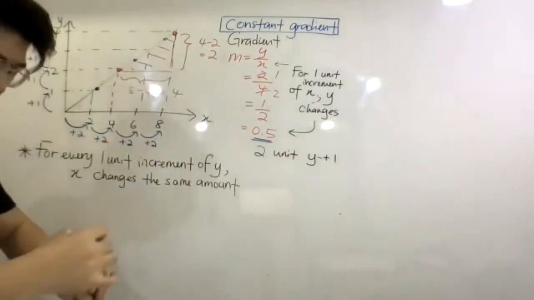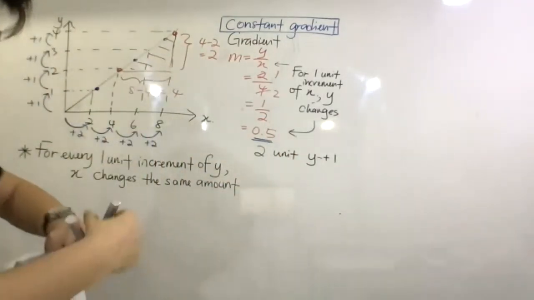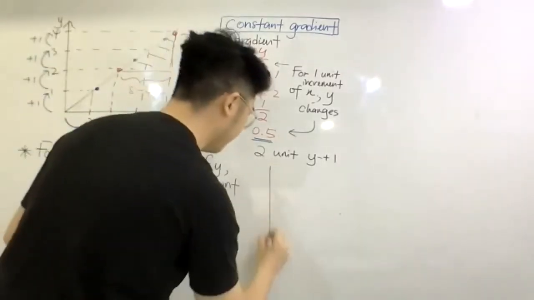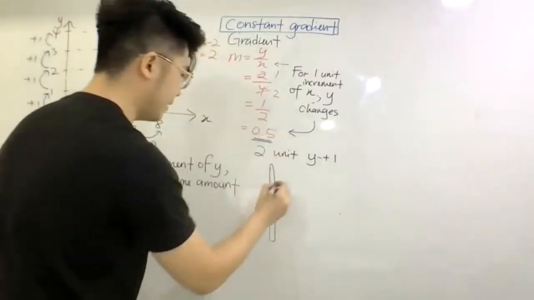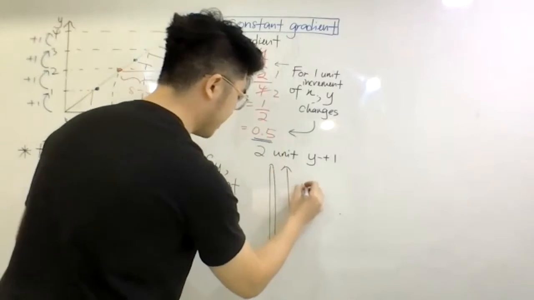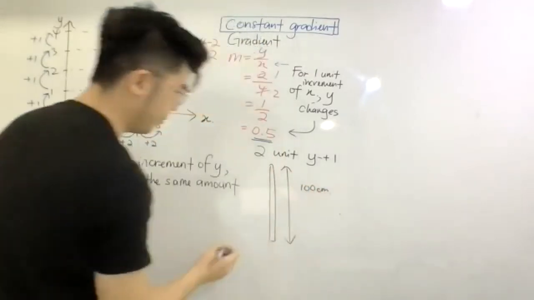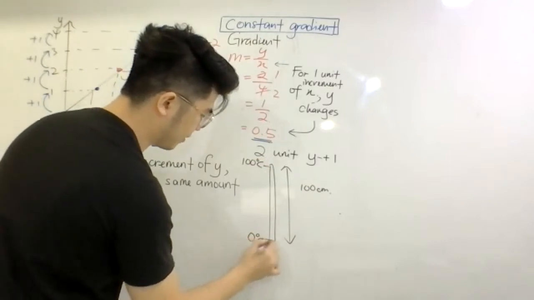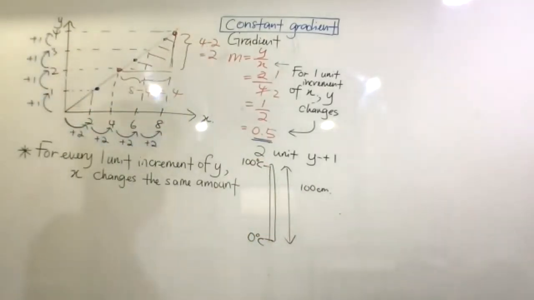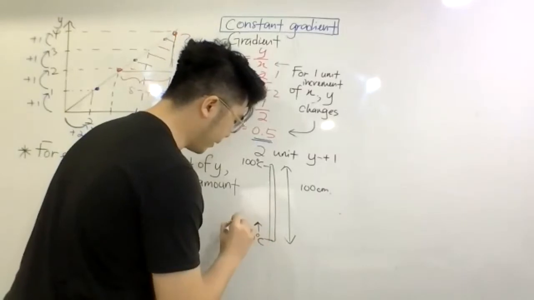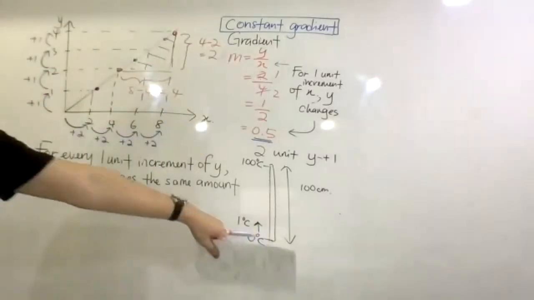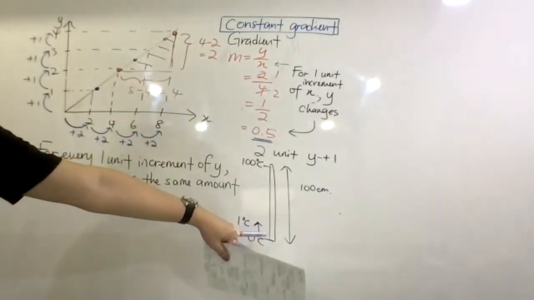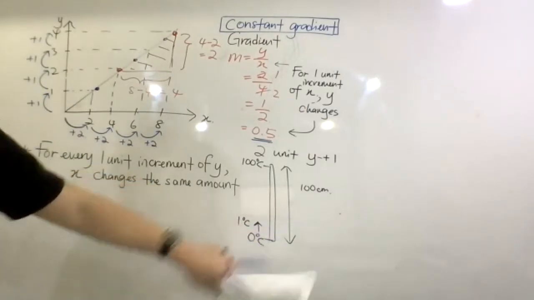This is like the thermometer, 就很像你的那个 thermometer， 你量温度这样子。Let's say 这边是100 cm. Okay, so you got 100 degree Celsius. This is 0 degree Celsius. When it rises 1 degree, how much does the mercury inside rise?